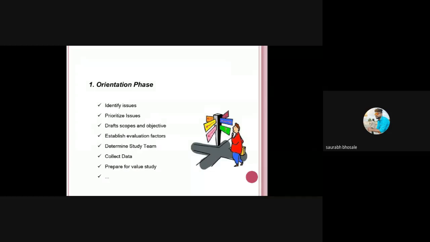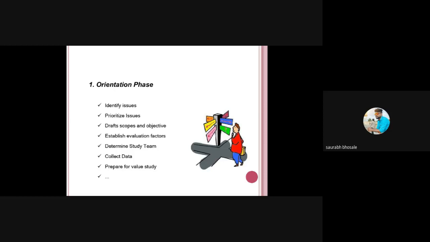to constrain the analysis. Then the collection of data: the data should be collected appropriately according to the functions of a product. So if any product is having 10 components, then the materials of the 10 components, the manufacturing processes of the 10 components, the material specifications of the 10 components, and the tooling requirements of the 10 components.